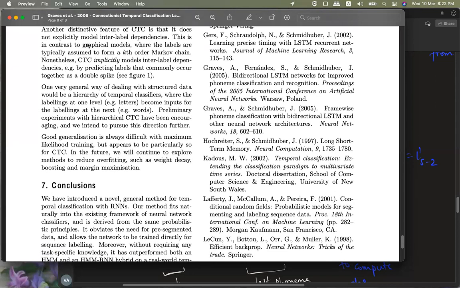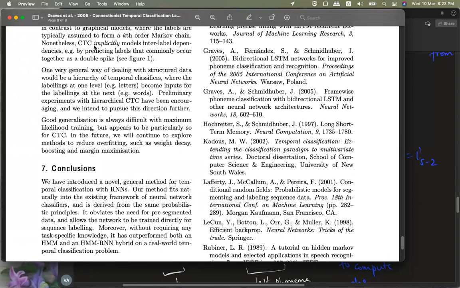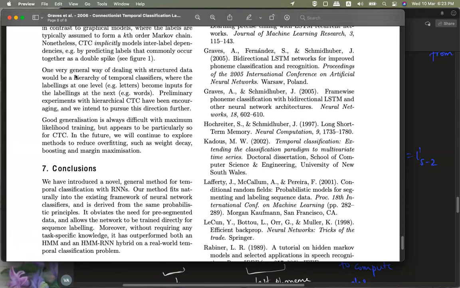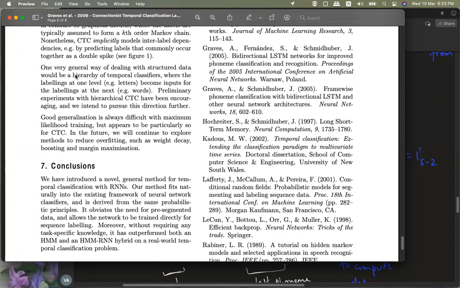This is in contrast to graphical models, where labels are typically assumed to be a kth order Markov chain. Nonetheless, CTC implicitly models interlabel dependencies, for example, by predicting labels that commonly occur together as a double spike. So it implicitly models interlabel dependencies using the RNN network memory.